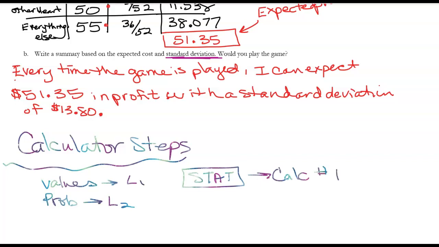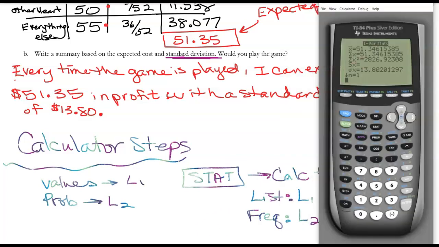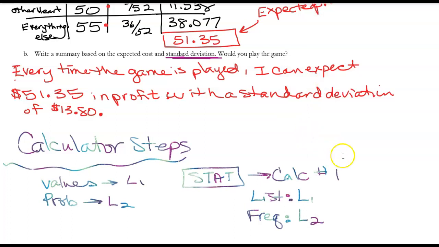And from there, your list is L1, and your frequency is L2. And remember your mean, what was the mean? I think it does the x bar. Yeah, your mean is x bar. So your expected value, which is the mean, is the x bar. And your standard deviation is the sigma x.